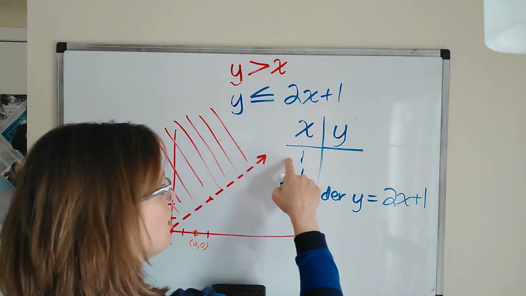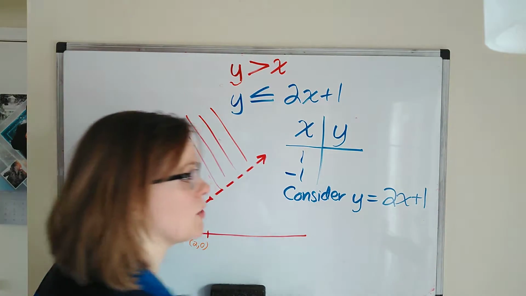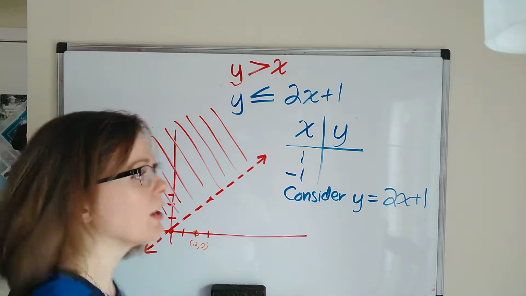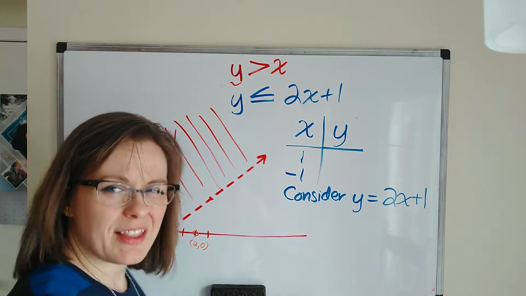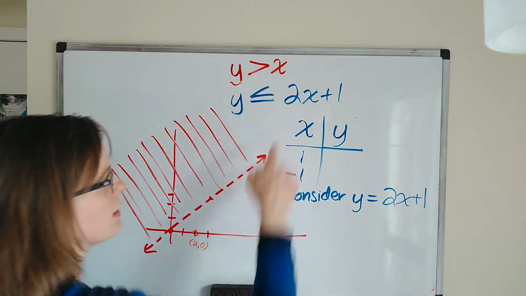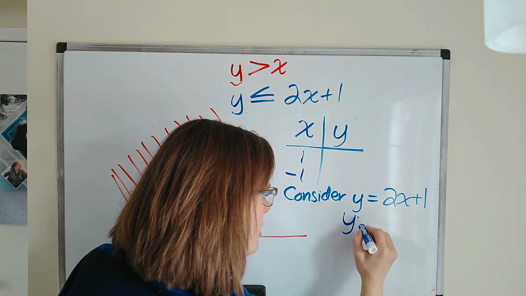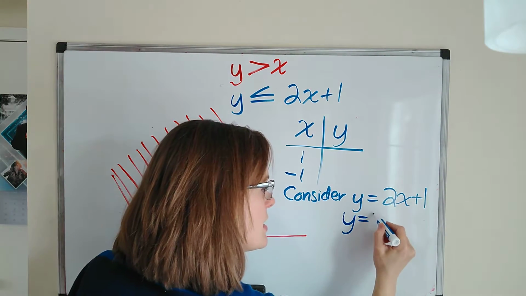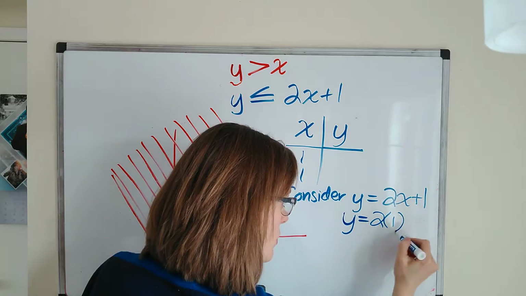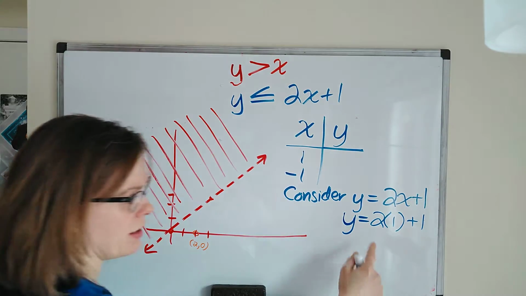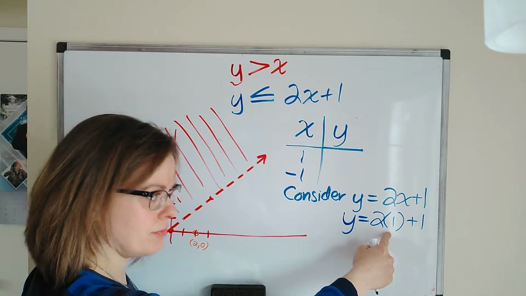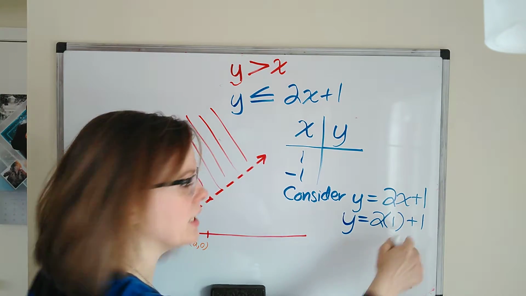Okay, so if I want to graph this line, y is equal to 2x plus 1, I'm first going to think, what happens when x is equal to 1? Plug that in. So if I plug in 1, I have y is equal to 2 times 1 plus 1. Well, 2 times 1 is 2, plus 1, that's 3.